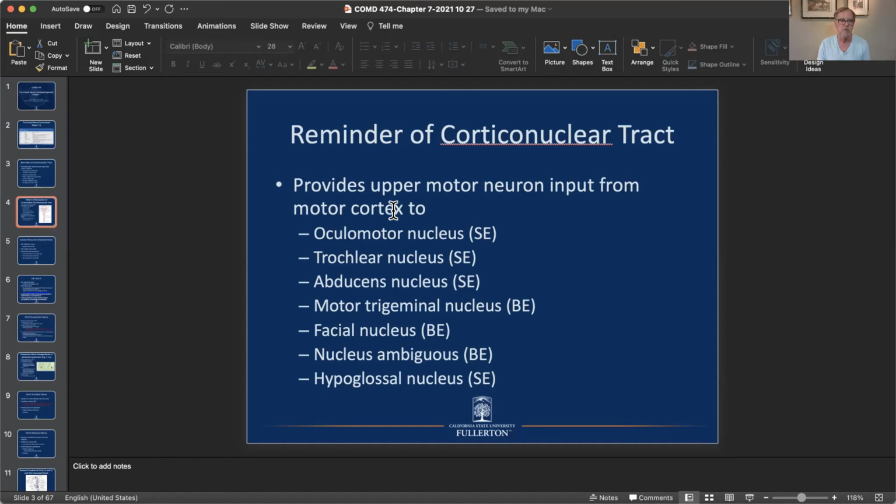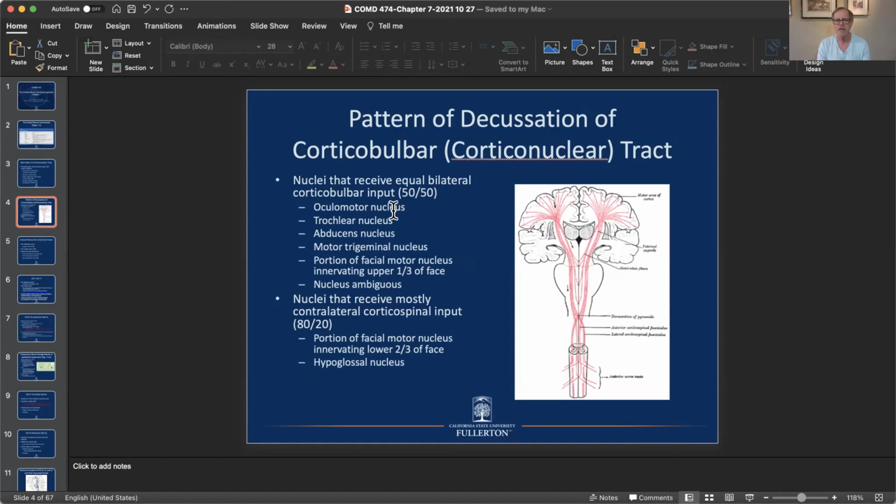This is an illustration that you've seen before, and it shows the pattern of decussation of the cortical bulbar or cortical nuclear tracts. And this is a reminder, at least I think it's a reminder, and maybe a little bit of it's new, that the input to those nuclei that we just looked at is different depending upon which nucleus.